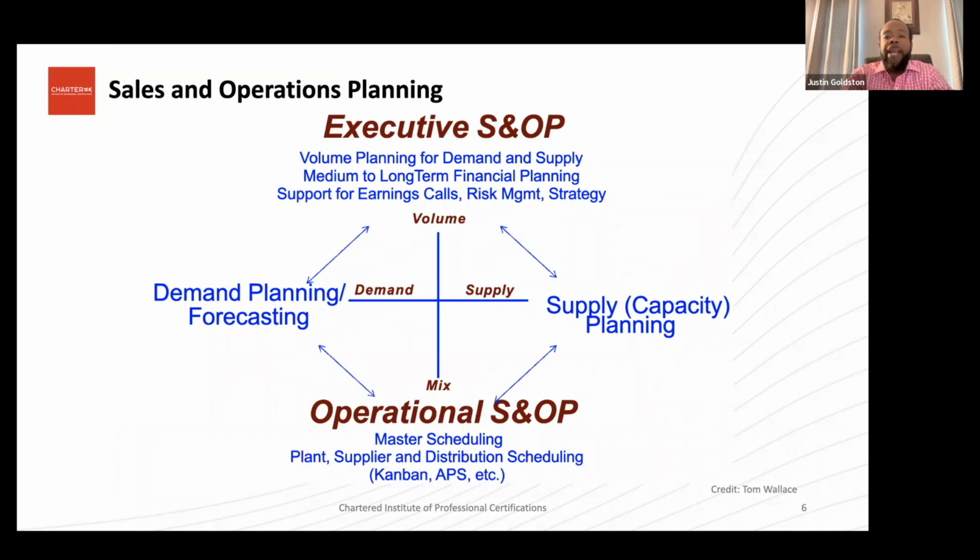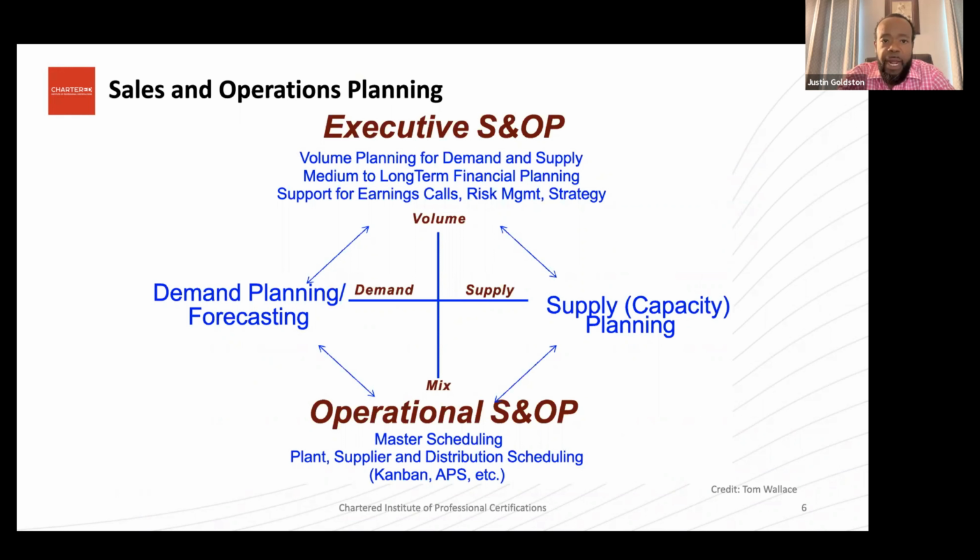So from a high level, from a 50,000 foot view, there are a number of inputs, a number of outputs to executive S&OP, to regular S&OP, to operational S&OP. So you can see that there's inputs and there's outputs.